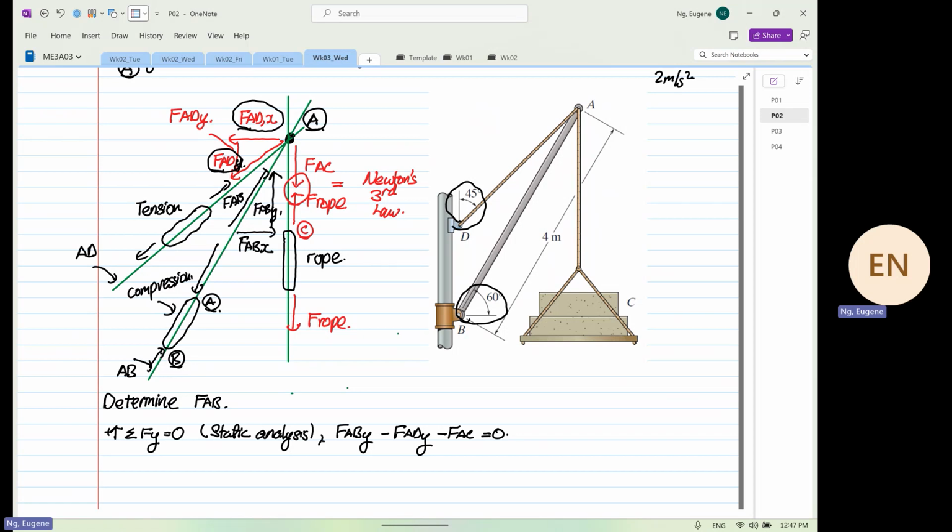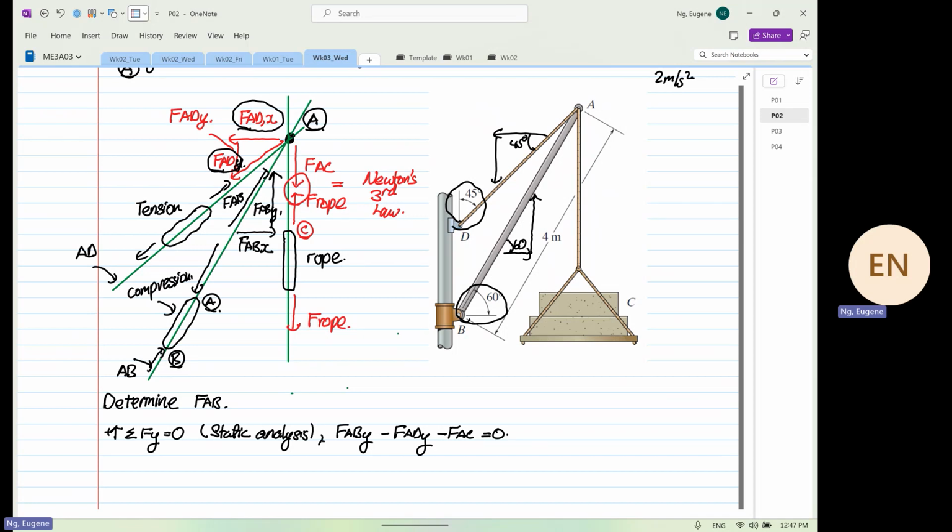Okay. So FABY, if I draw in this diagram, this is 60 degrees, and based on vectors, this is 45 degrees.